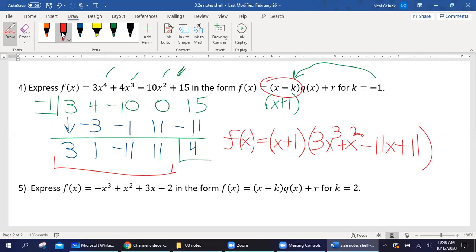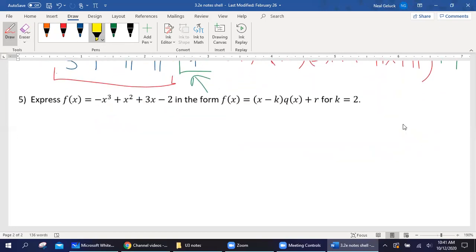And then it just wants it written not as a fraction, but just plus r. And again, my remainder was 4, so plus 4. Basically what this is saying is, hey, you could check your answers. It's kind of nasty, but you can multiply all that together, put everything together that you can, and then add a 4 on the end. You should get right back to what you started with. Again, it's how you check division way back in grade school.